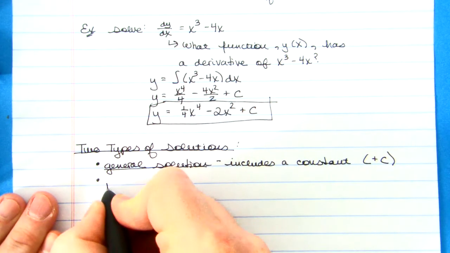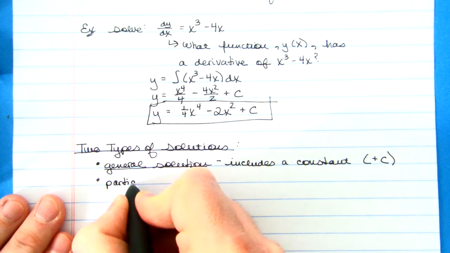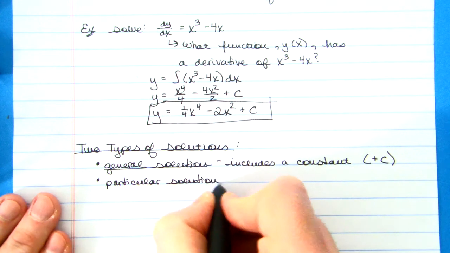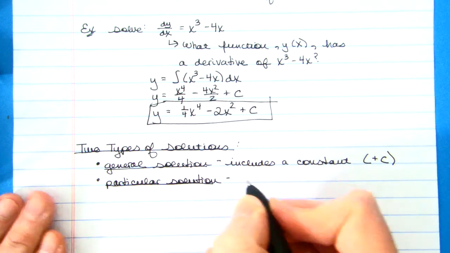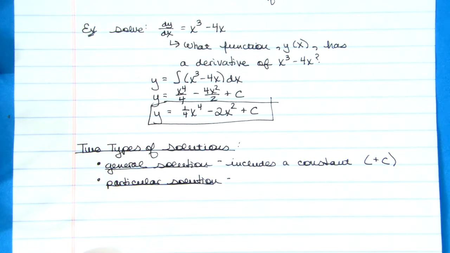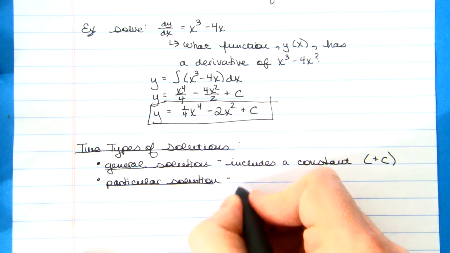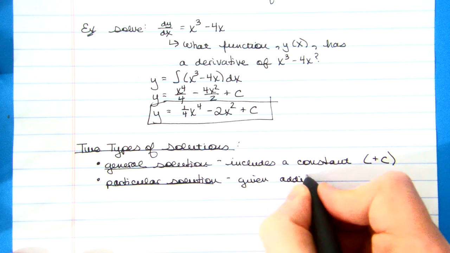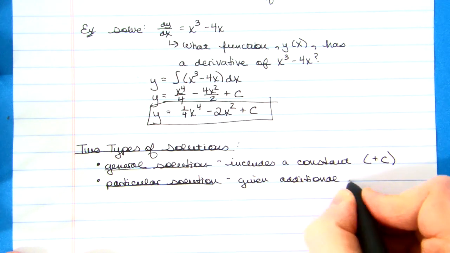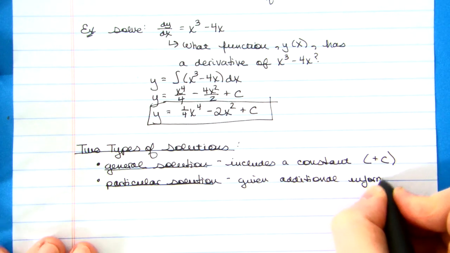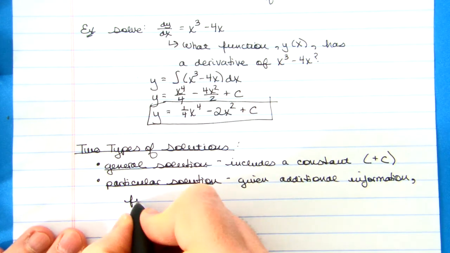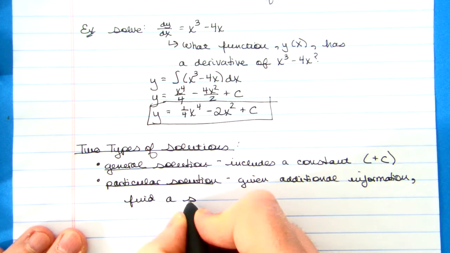We're now going to start focusing on what we call particular solutions. In a particular solution, if I give you a little bit of additional information, we can find a specific value for c.